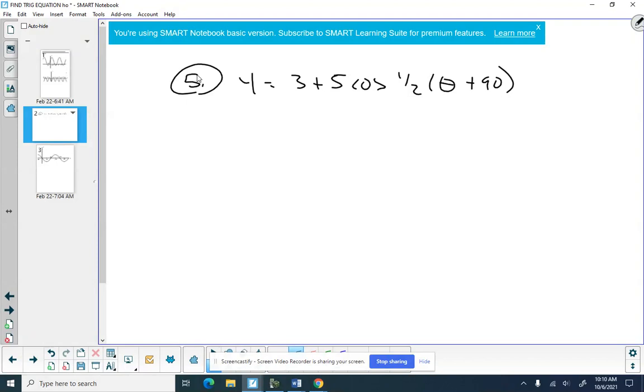Being a studier who just watches is not going to work in this classroom as before. You need to find the amplitude. If you haven't done it, once again, put your amplitude, period, vertical and horizontal phase shift, and also the y-intercept. Once again, for the y-intercept, put 0 in for theta.